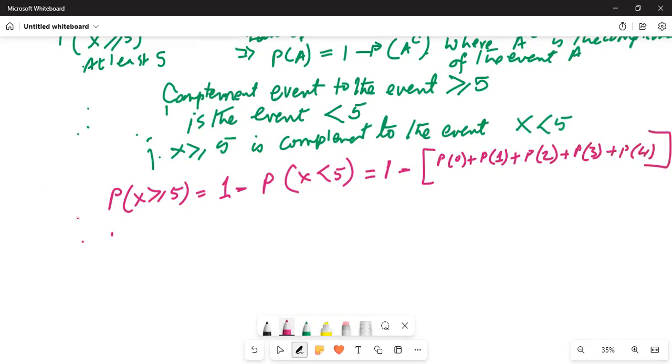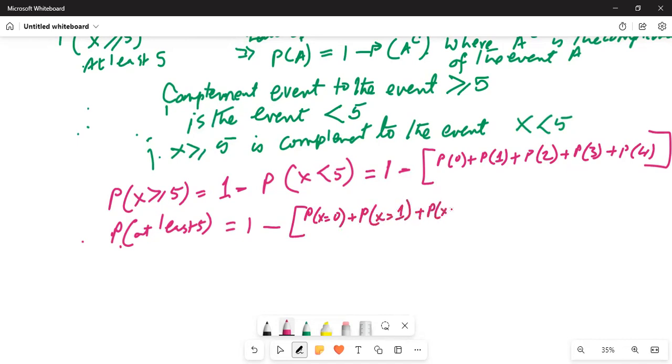So probability of at least 5 is equal to 1 minus the sum of probability x equal to 0 plus probability x equal to 1 plus probability x equal to 2 plus probability x equal to 3 plus probability x equal to 4.